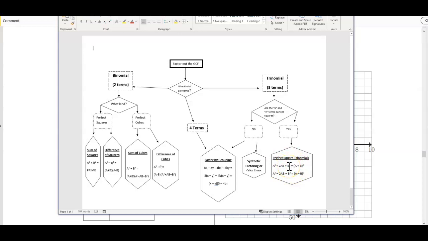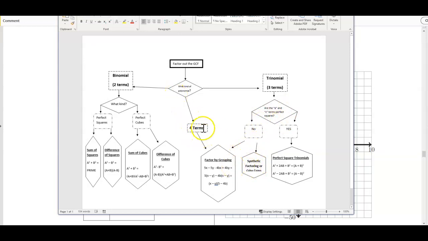We talked a little bit about those last time, but I said usually students do just fine without this, because you can factor any trinomial using the way that we talked about, using factor by grouping or doing the synthetic factoring. All right, so that's helping you see where to go there.